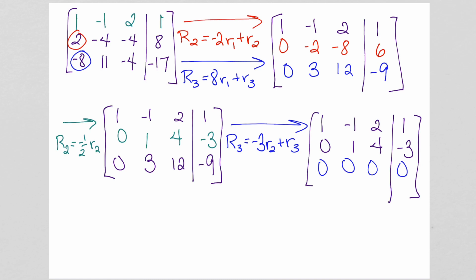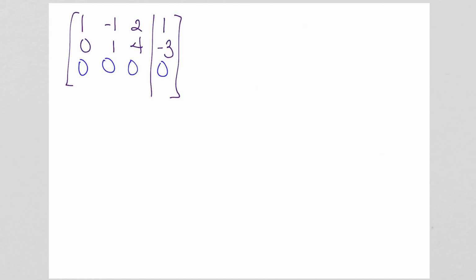We had this happen when we were solving systems in 2 and 3 variables before. So, what we've got so far is x minus y plus 2z equals 1.